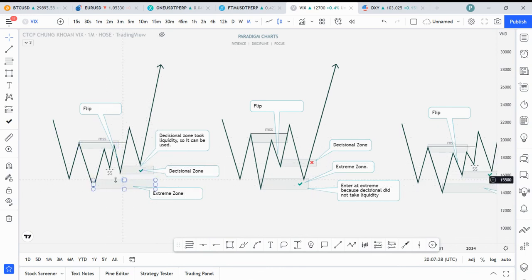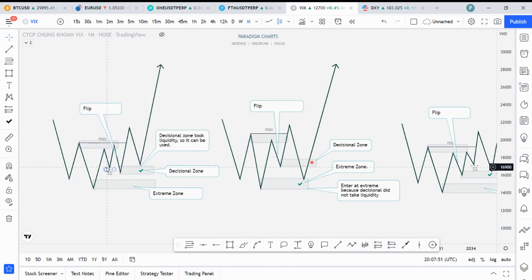Usually, when you have a flip zone like this, price trades into supply, reacts to the supply before it then breaks structure. That's what you call a supply failure. It means that supply was unable to break this low. Then that means it has failed.